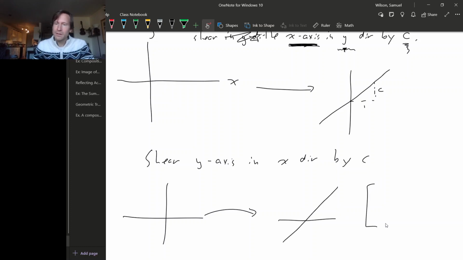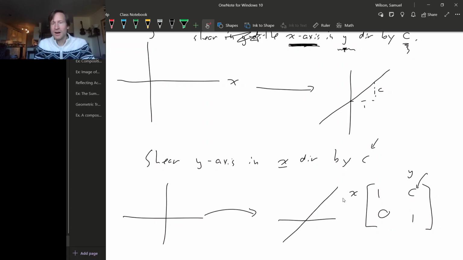And the matrix turns out to follow the same general rule. Along the diagonal, we just get 1s. But then we get a factor c in one of these two positions, and it's in the column for the axis that we're changing, and the row for the direction that we're tipping in. So we get a c in this position right here.